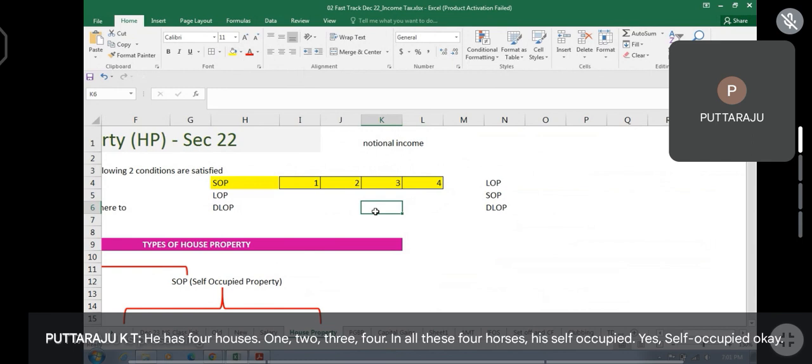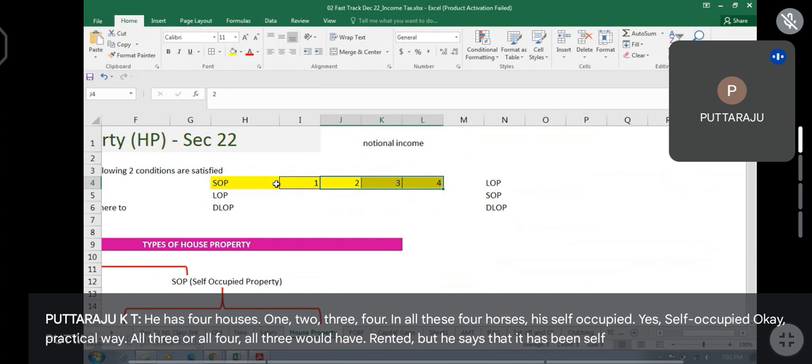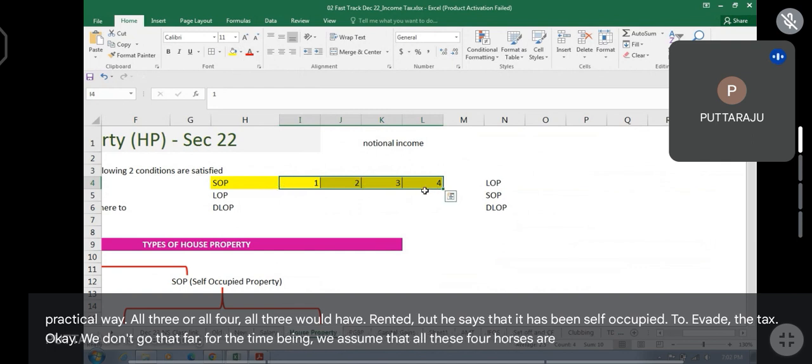Practically, all of them would have been rented, but he says that they are self-occupied to evade the tax. Okay. We don't go that far. For the time being, we assume that all these 4 houses are self-occupied.